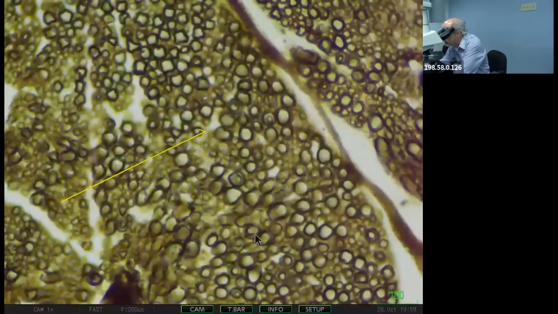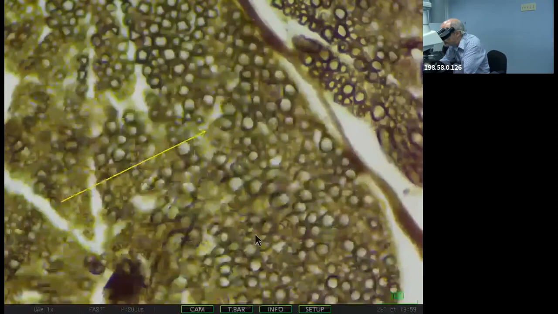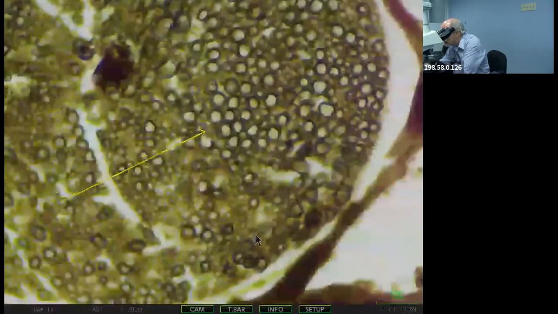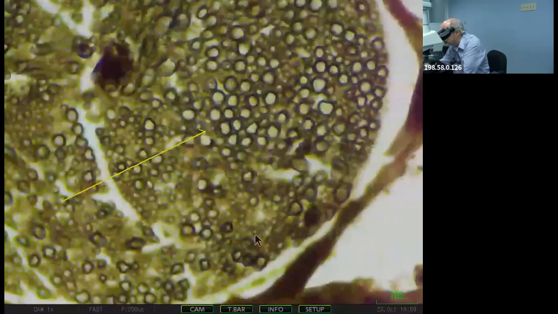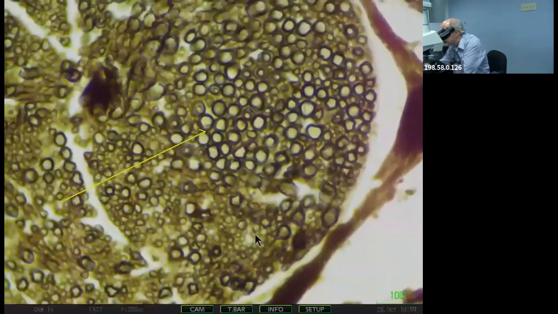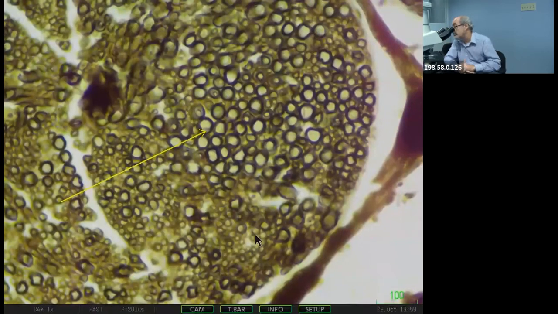Okay, so you see the brown ring, yeah? And this brown ring will correspond to your myelin sheath. So it's a transverse section of your nerve. Okay. So the brown ring will correspond to the myelin sheath.